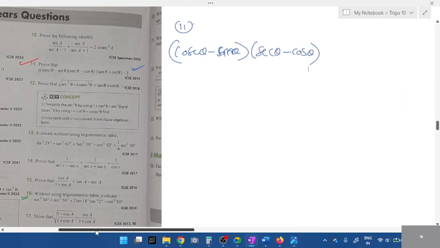Yes. Try this. Keep sine cos, convert sec, cosec, tan, cot. Cosec, cosec minus sine. 7th one.